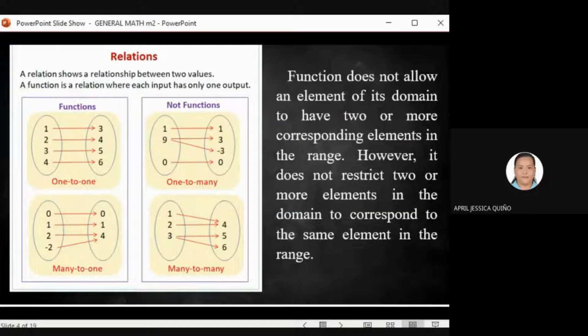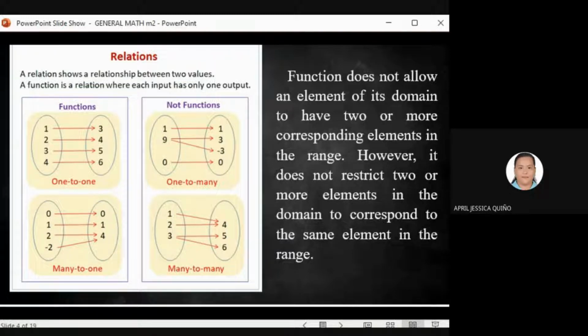A function does not allow an element of its domain to have two or more corresponding elements in the range. However, it does not restrict two or more elements in the domain to correspond to the same element in the range. So as you can see here, we do have one-to-one and many-to-one, and we consider them as function.